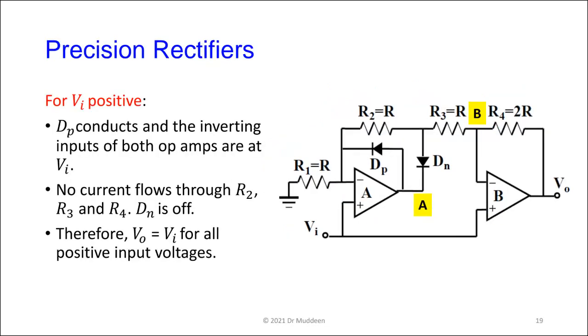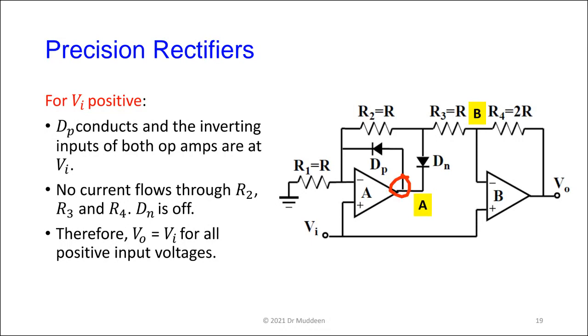So Vin goes positive. Remember, Vin is down at the bottom. There's a lot of description here, but essentially what happens is that if Vin goes positive, then the op amp, being a non-inverting amplifier, makes this point go positive, and this one also goes positive.